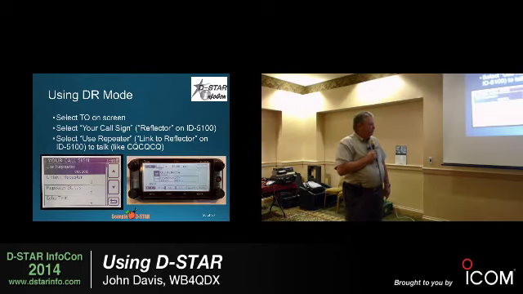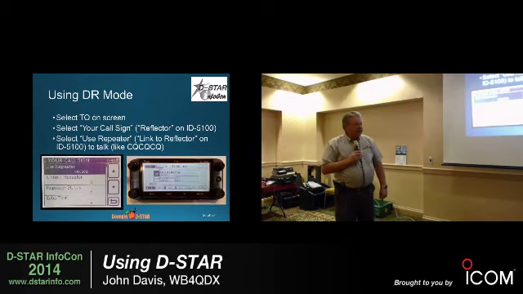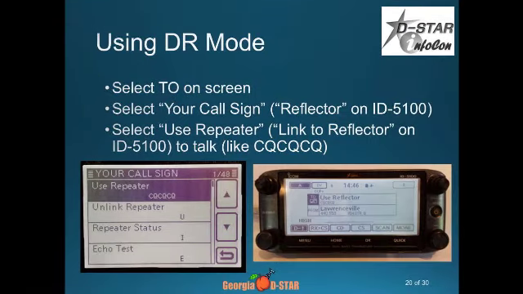In the To field, you get a different set. You may get, I want to use a repeater. Oh, there's that CQ, CQ, CQ. That's my talk channel, and that's indicated over there. Or I may want to select unlink repeater, or information, or echo test.